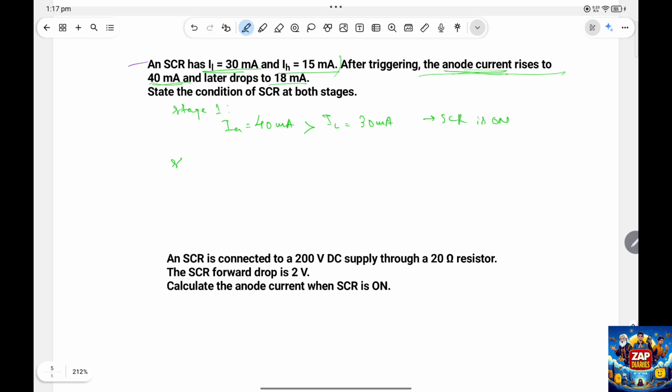In stage 2, here we see the anode current later drops to 18 milliamps.